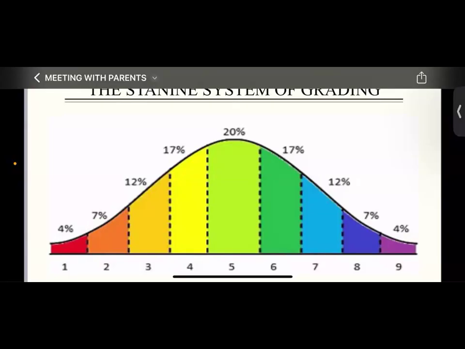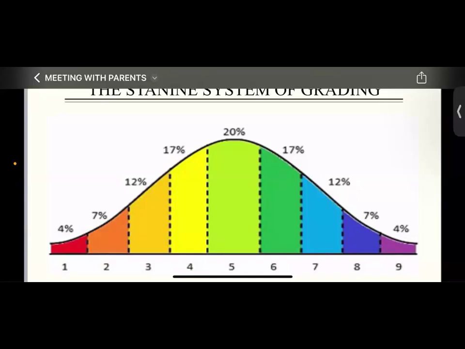And that will be determined by the next 7% of the total population. So those that will be given grade 2 will be the next 7% of the entire population that wrote the BECE. Then those that will be given a 3 in a particular subject will be the next 12%. If you are getting a 4, that will be the next 17%. If you are getting a 5, the next 20%.